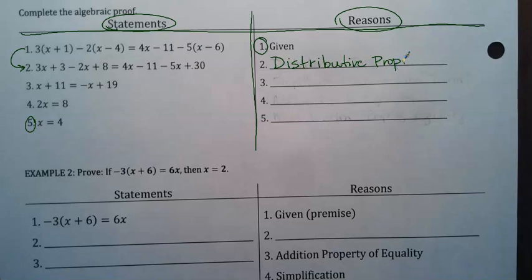The distributive property. Okay, now we need to look at what we did to get from step 2 to step 3. We had 3x plus 3 minus 2x plus 8, and now I have x plus 11. Well, if we did 3x minus 2x, that got us x.